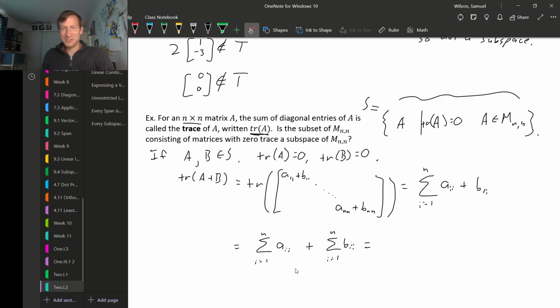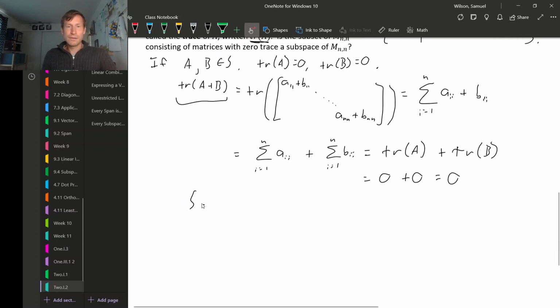Now this first piece is actually just the trace of A, the sum of the diagonal entries of A. And the second piece is the sum of the diagonal entries of B, so that's the trace of B. But remember, we said the trace of A was 0, and the trace of B is also 0, and so this whole thing is 0. So the trace of A plus B is indeed 0. So A plus B is in our subset of matrices that have 0 trace.